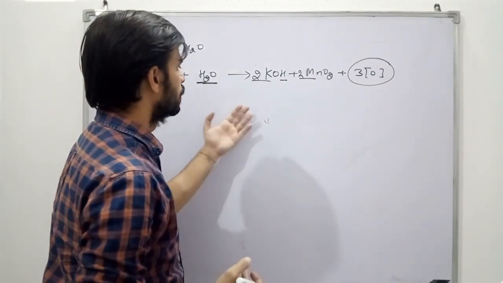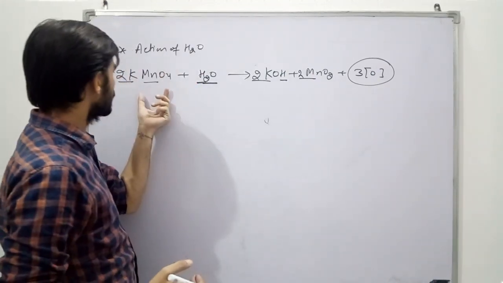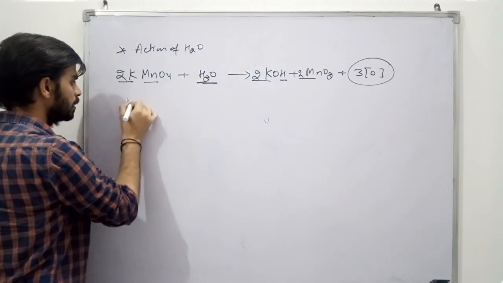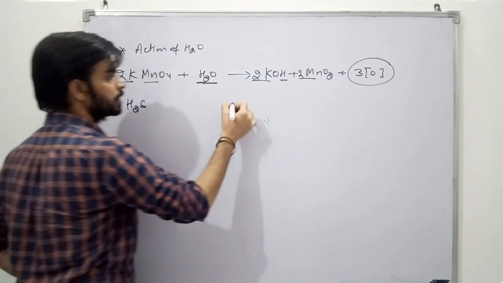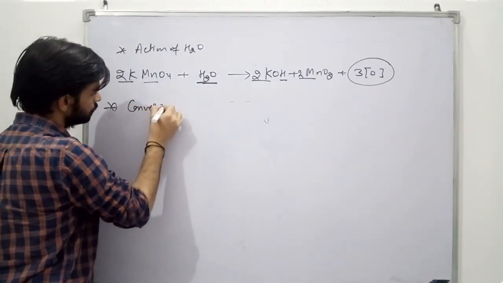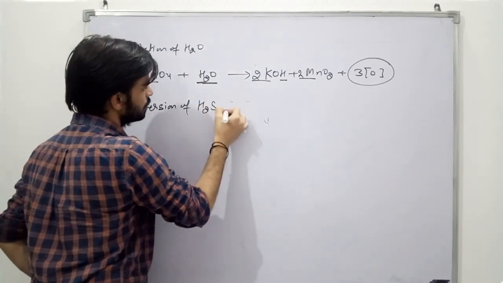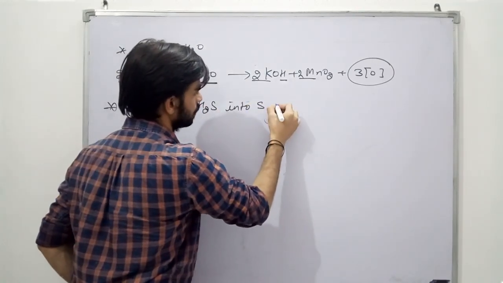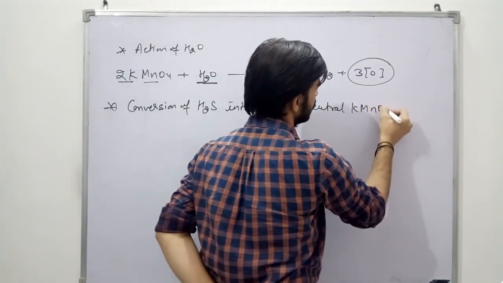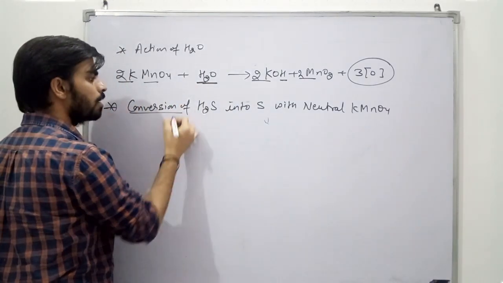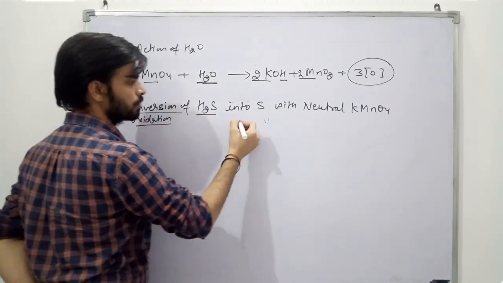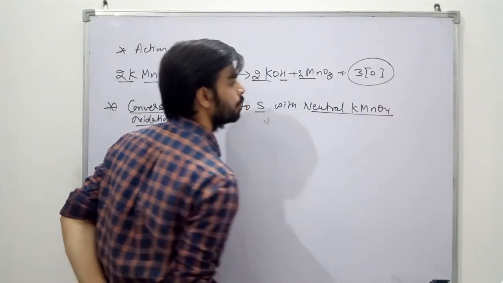Let's start some cases in which neutral KMnO4 oxidizes. So let's start with hydrogen sulfide. Conversion of H2S, hydrogen sulfide, into sulfur with neutral potassium permanganate, or we can say oxidation of H2S into S with the neutral KMnO4.